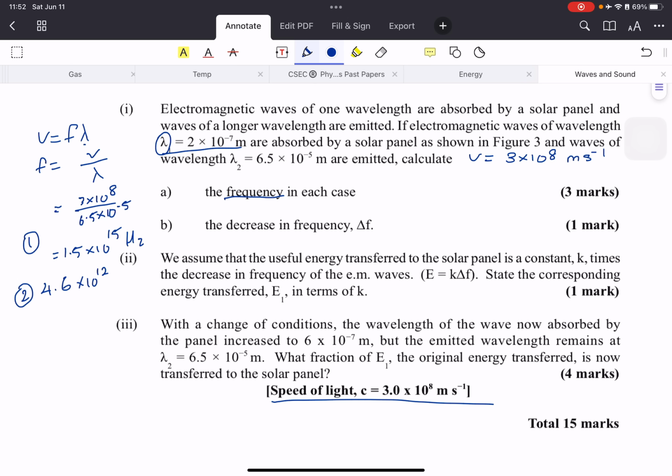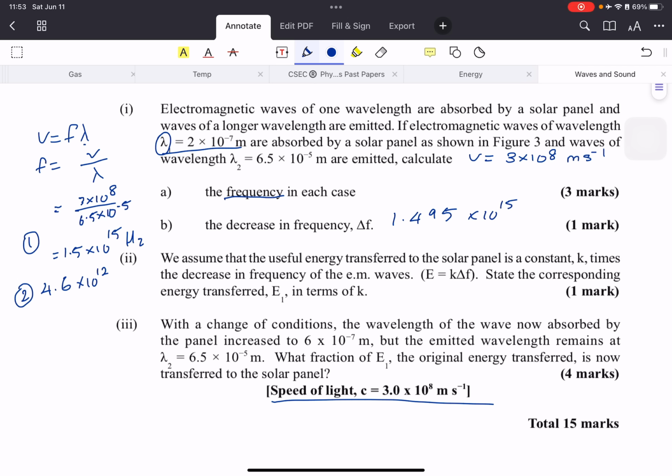I'm subtracting that from 4.6, and I'm going to get 1.495 by 10 to the 15.